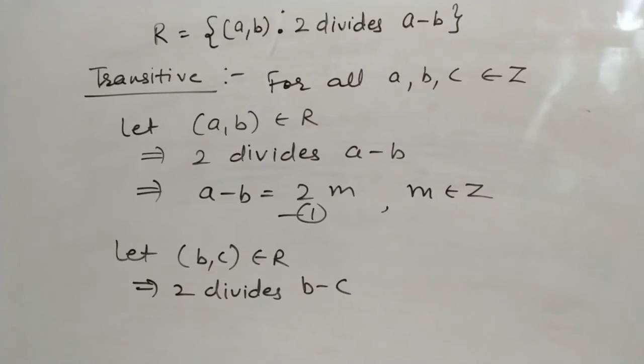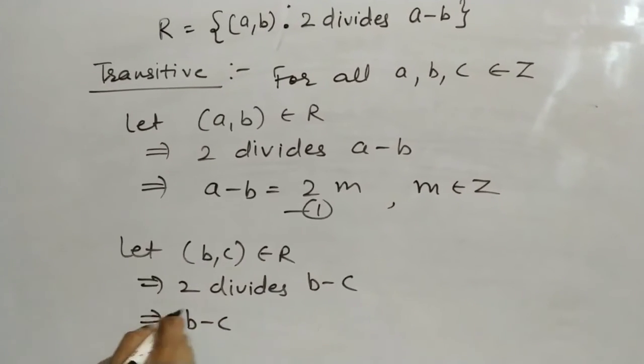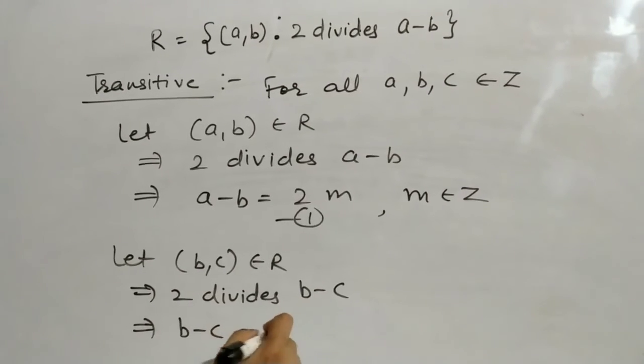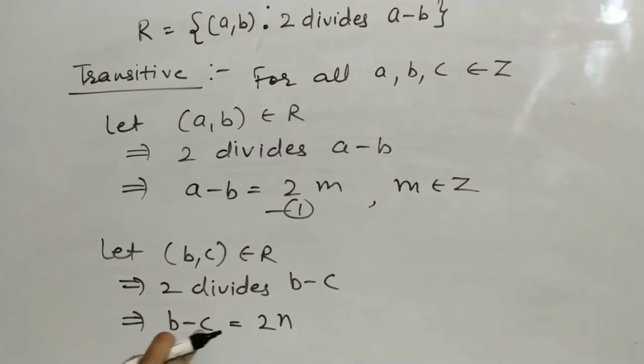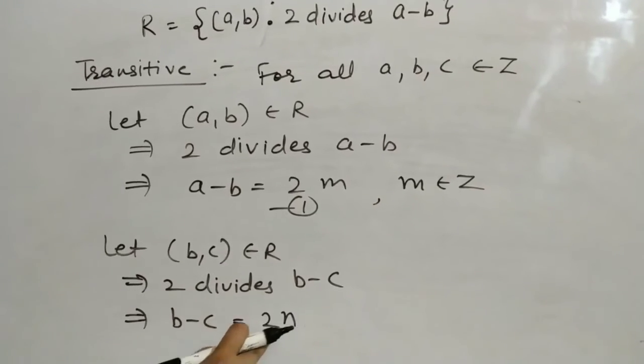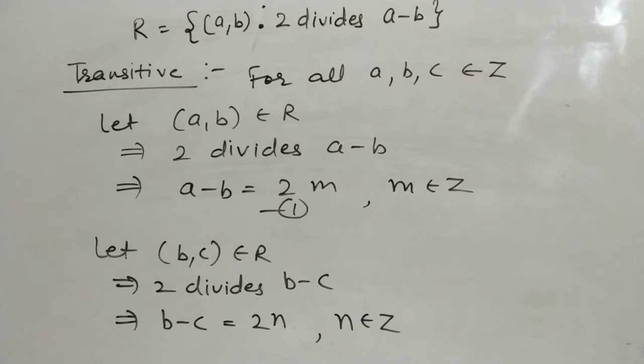It implies b minus c is some multiple of 2 here. So we can write it b minus c is equal to 2n, where n is some integer.